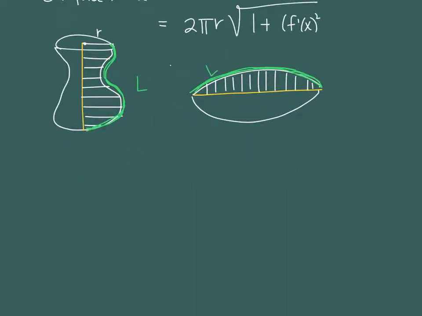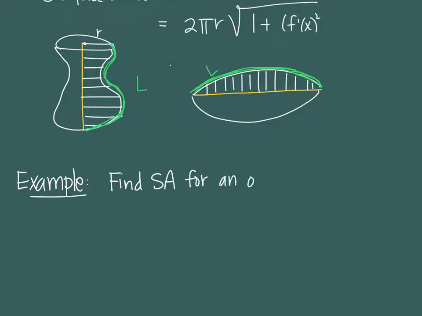All right, so let's try an example. Find the surface area for an object with the x-axis as its axis of symmetry.